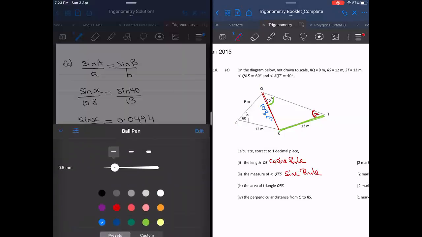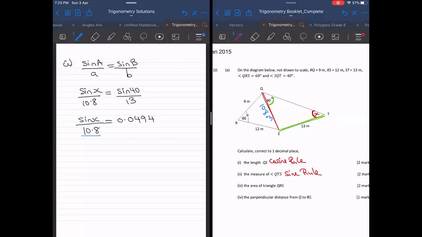So we're going to say that sine x is 0.0494 times 10.8. The sine x should be 0.534.